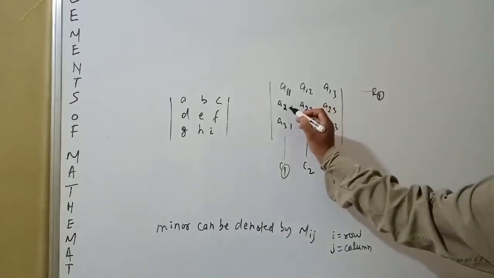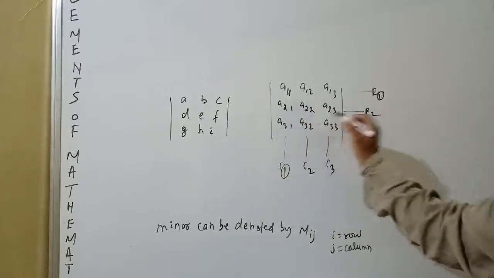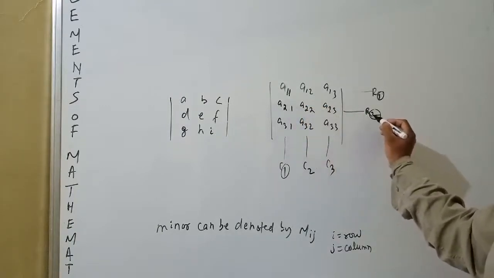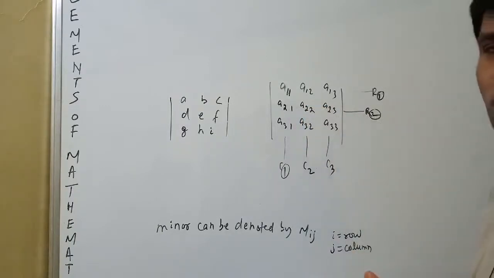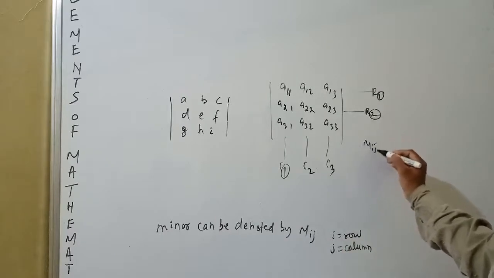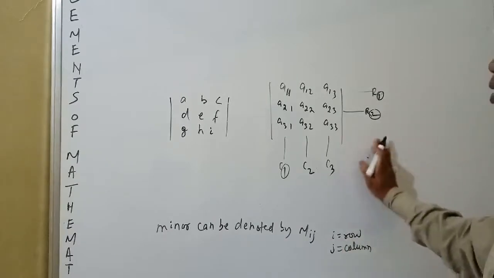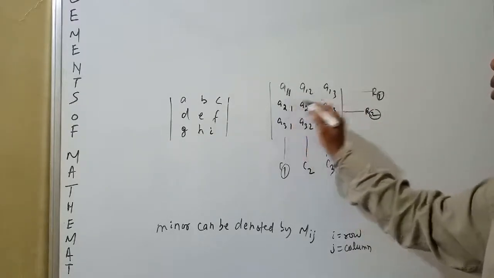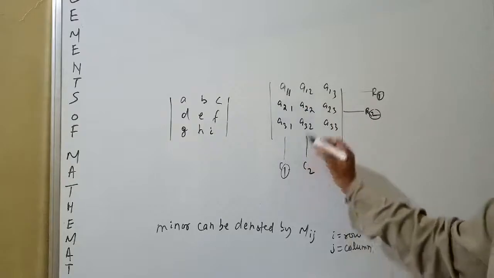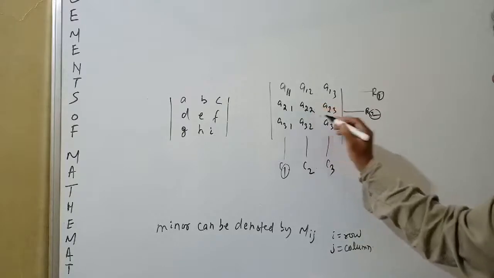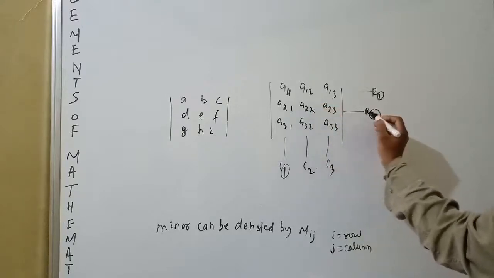Similarly, this is second row. You see this is R2, that means this element lies in second row, first column. We have to write row first, then column: Mij means row then column. You see 2 1 lies in second row and first column. This is 2 2, second row second column, and 2 3, second row third column.